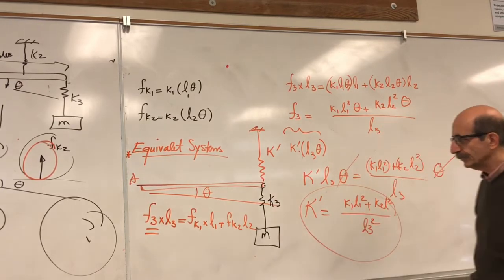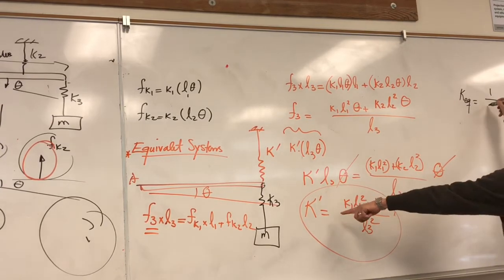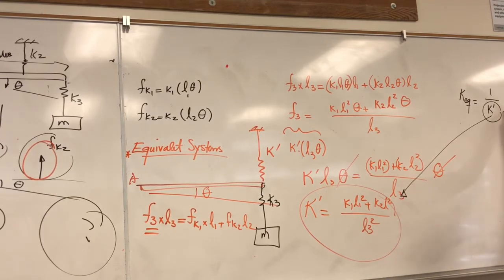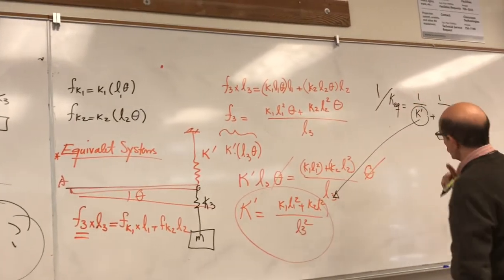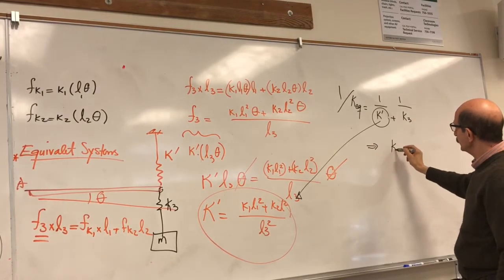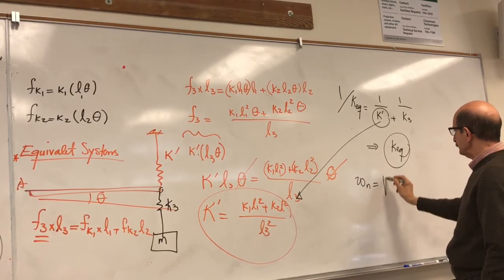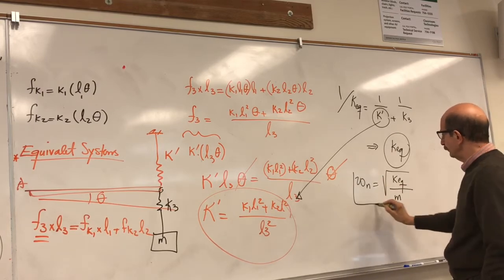So these two are in series, therefore 1 over K equivalent is 1 over K prime, which we found, plus 1 over K3. That will give me K equivalent, and therefore the natural frequency would be the square root of K equivalent over M.